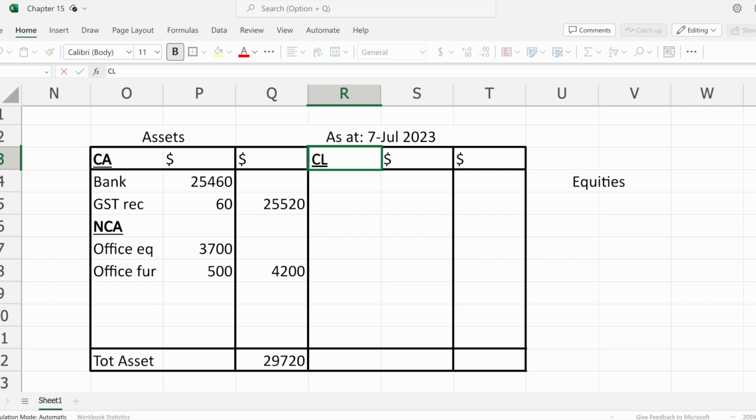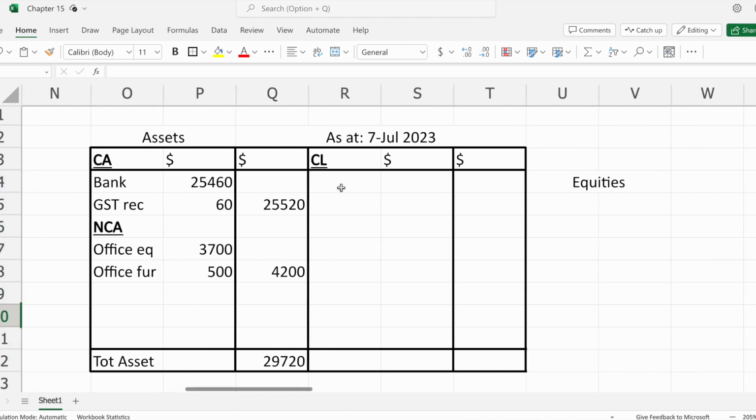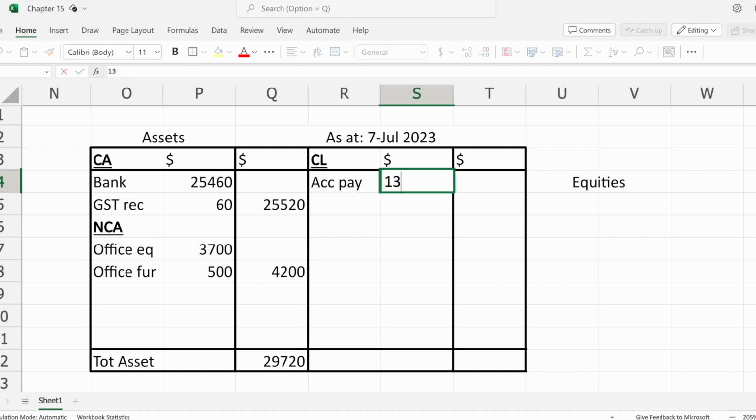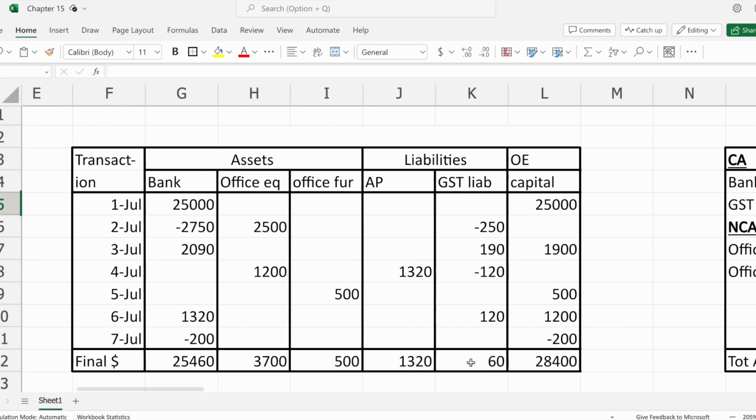So we have our current liabilities, right? Now, accounts payable and GST are the only forms of liability. So in this case, accounts payable is our current liability, which results to 1,320, as we can see from the worksheet.